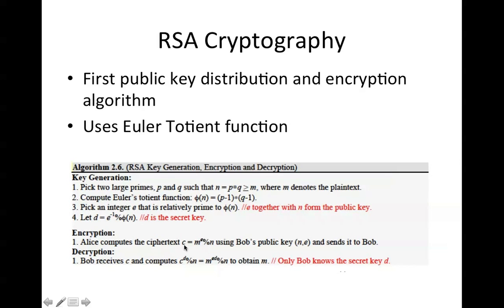He takes this C, and instead of raising it to E, he raises it to D, the inverse, and then mods it to N, and that gives you M raised to E times D, to obtain M. You can see this is the case in a way, because E times D is kind of like E being inverse of D would wash out, but not that easily, because this is totient N inverse, this is N. There is a fundamental relation that comes out of Euler's theorem, which ties the totient N to N. You will see this on the next slide.